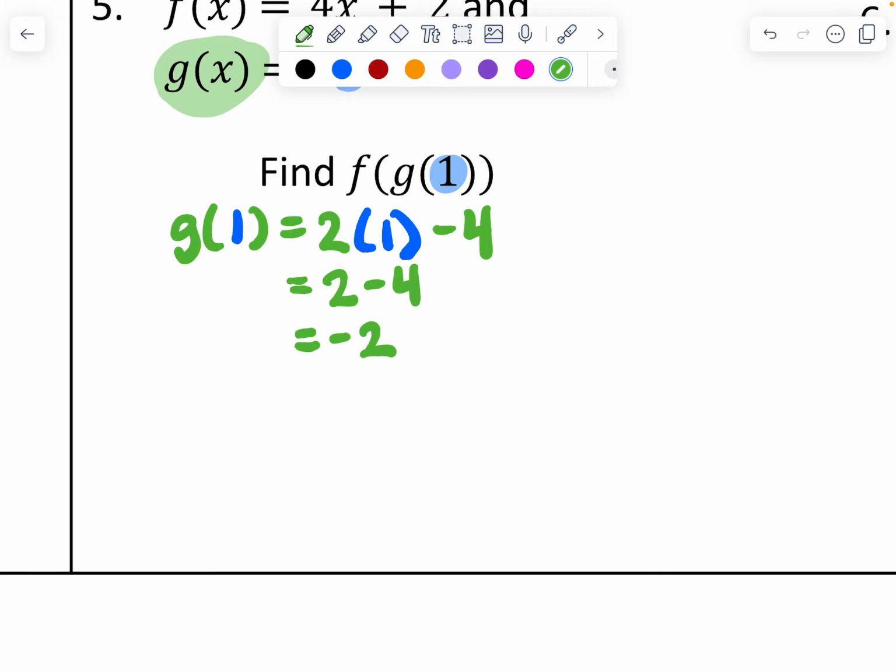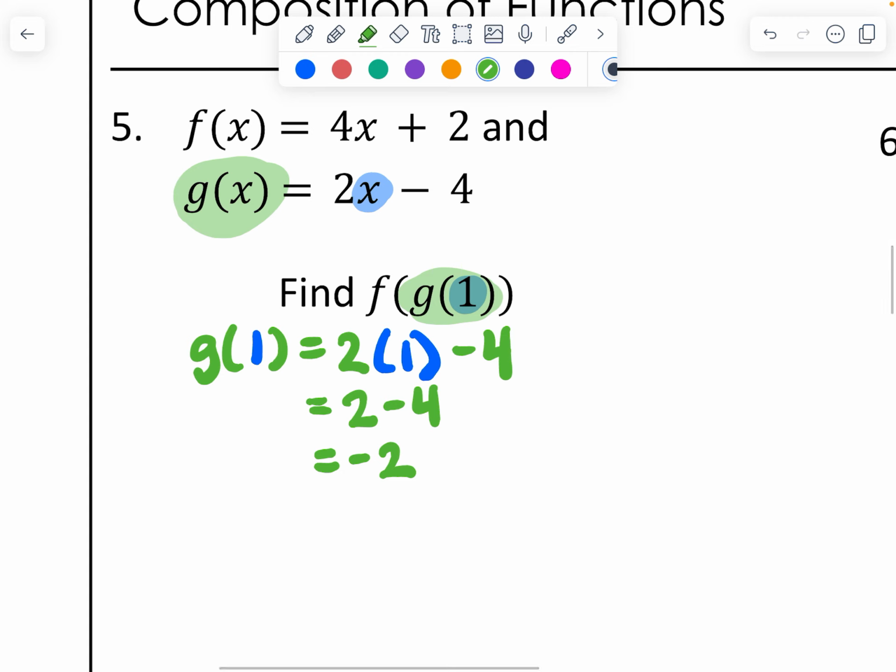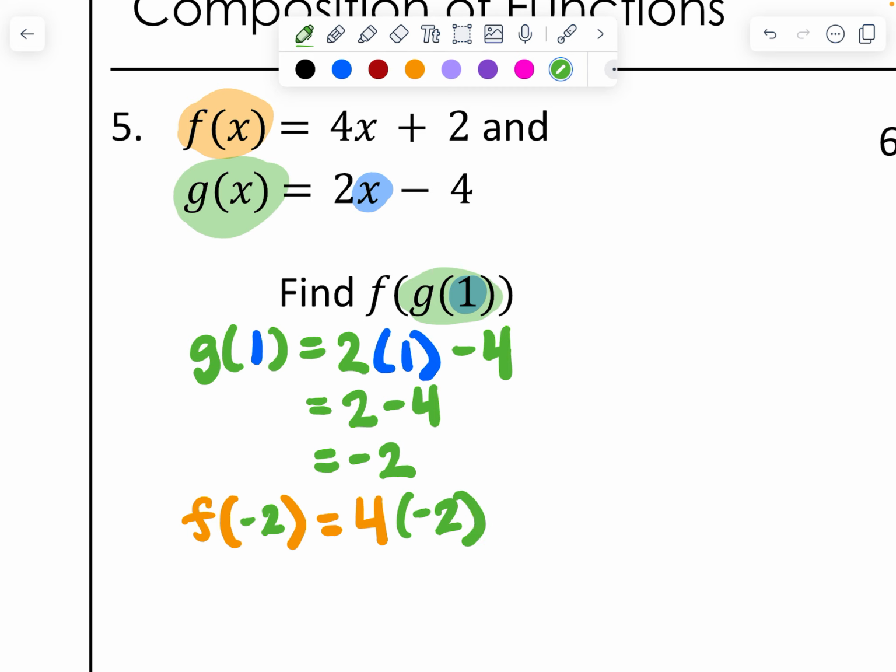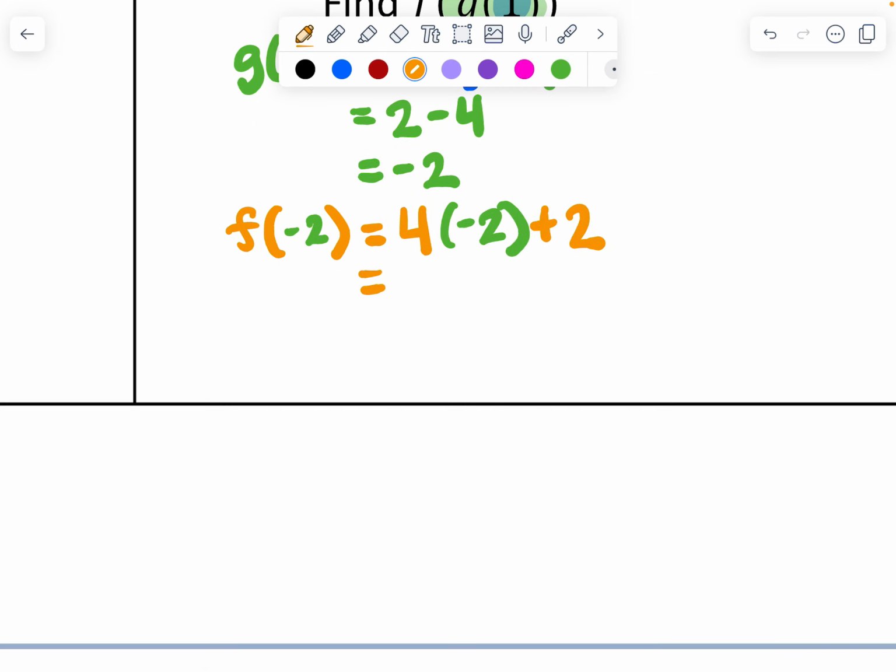So now my negative 2 becomes the input for function f. So let's put negative 2 into function f. F of negative 2 equals 4 times negative 2 plus 2, which was negative 8 plus 2, which is negative 6.